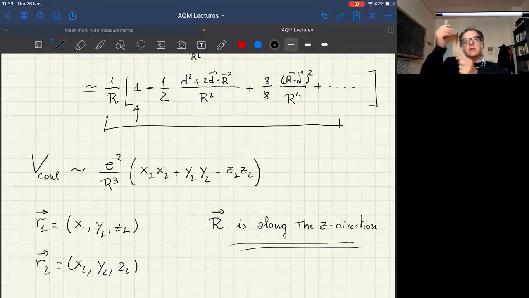It does not really matter. You just take the z direction in the direction of the line connecting the two atoms.